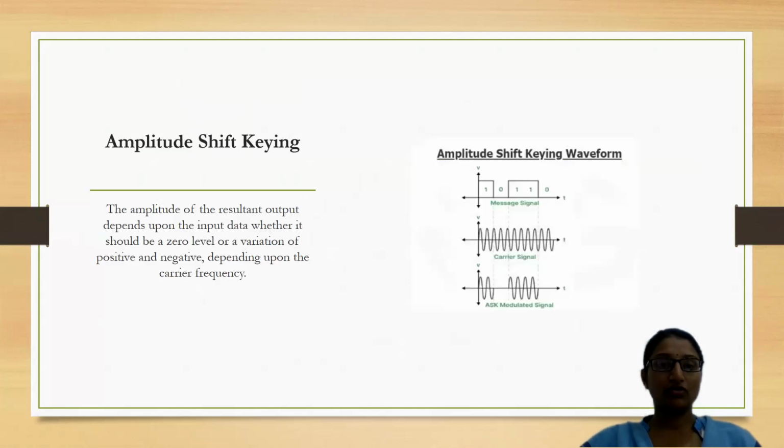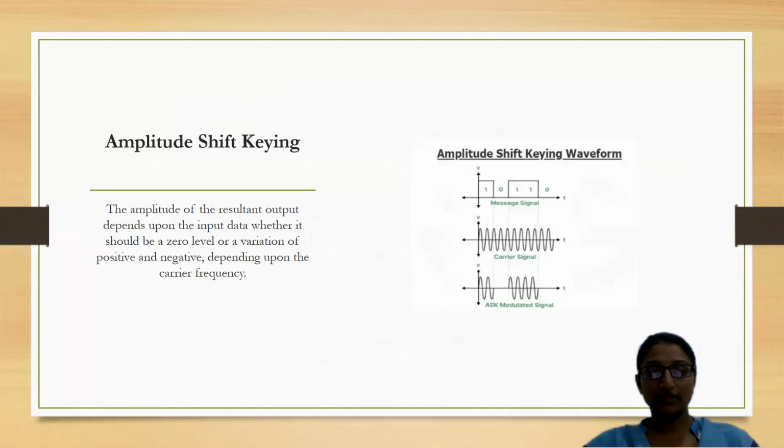The amplitude of the resultant output depends upon the input data, whether it should be a zero value or a variation of positive and negative, depending on the carrier. That means the carrier is varying in accordance to the message input signal, that is either 1 or 0.